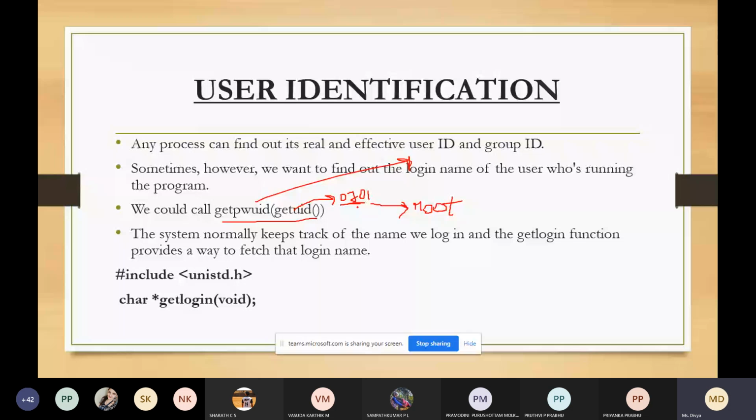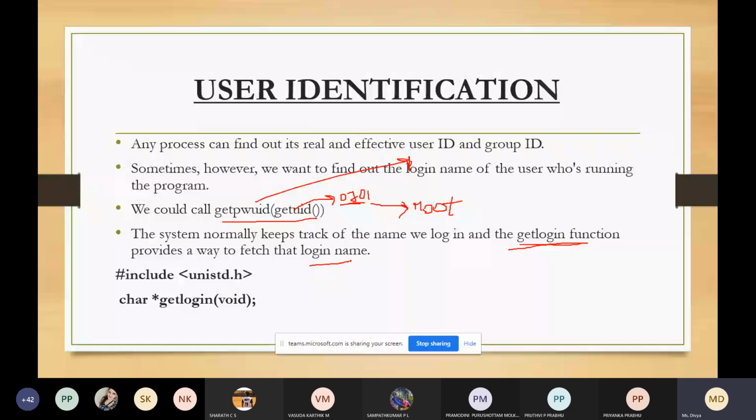For that, the system normally keeps track of the name we log in with, and we can get it using this getlogin function. It provides a way to fetch the login name.